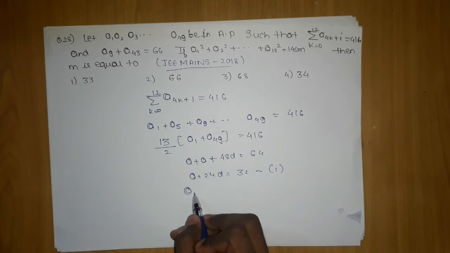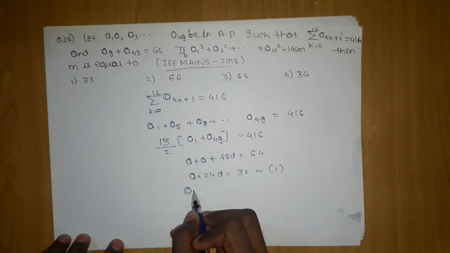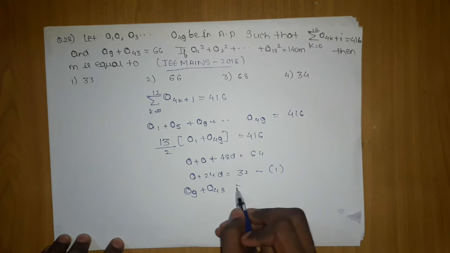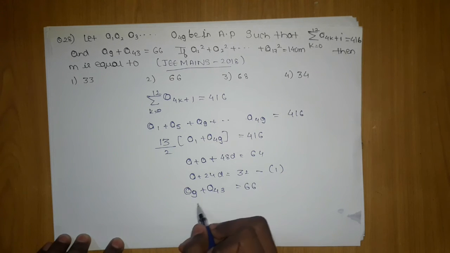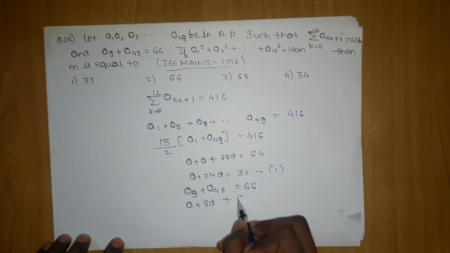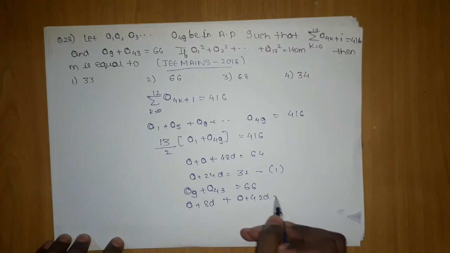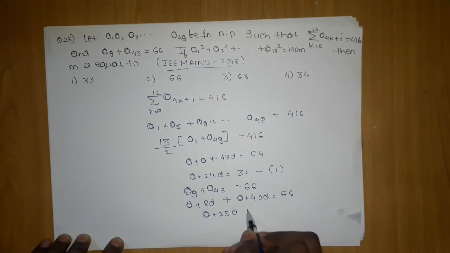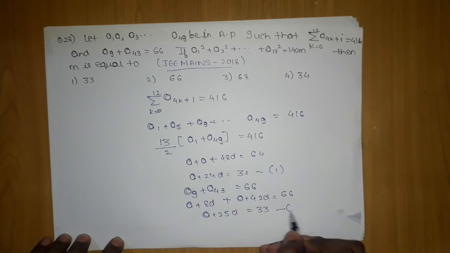Now I know A9 plus A43 equals 66. So when I substitute the values using Tn, A plus 8D plus A plus 42D will be nothing but 66, giving me A plus 25D equals 33. So this is the second equation.